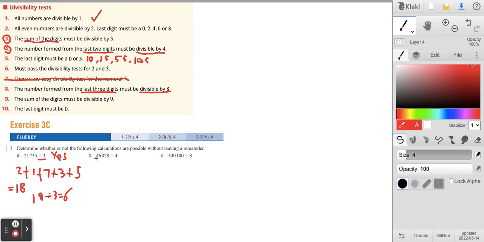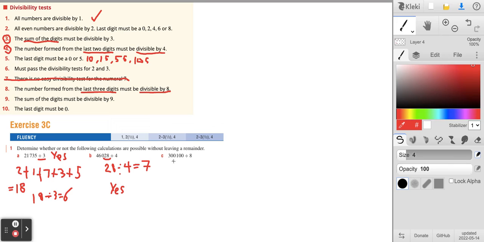So I'm going to ignore 460 and just look at the 28. 28 divided by 4 is 7. So this also would be yes. If I divide this number by 4, I'm not going to get any remainder.